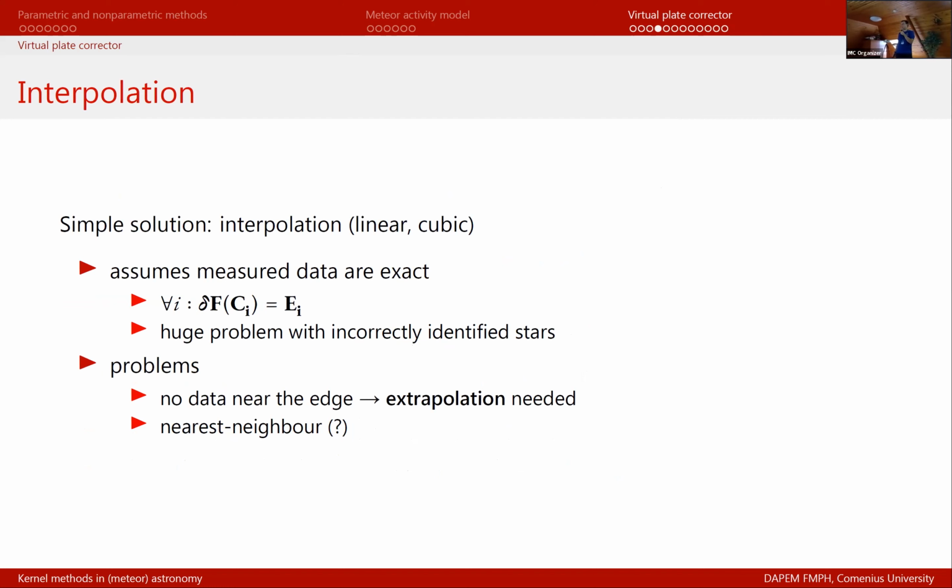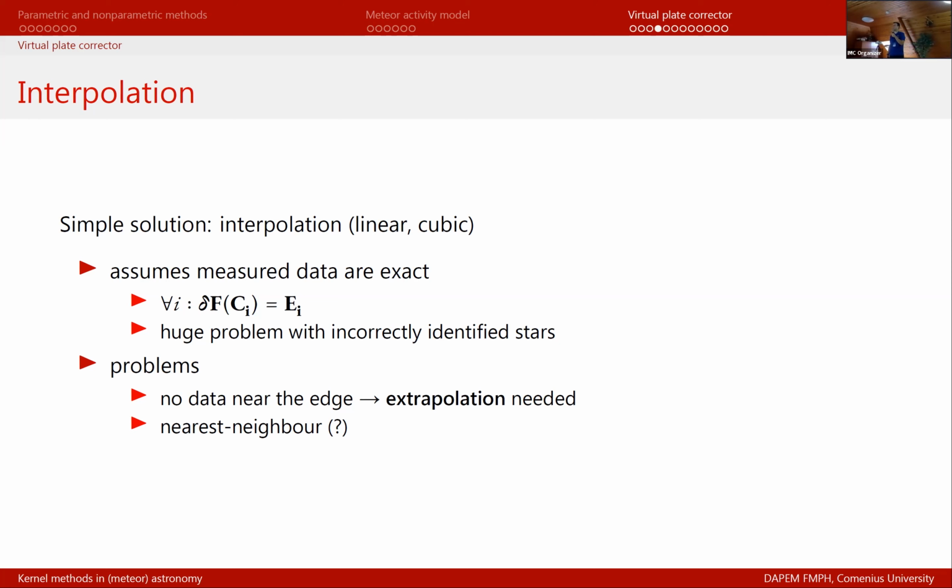So the solution to this, when I was tasked to do this, was to try to interpolate, because we want the function to be continuous over the entire domain, over the unit disk. So we assume that our measured data is exact. When we see a star, we know that this is the star and it's displaced by, I don't know, hundreds of pixels, or maybe at most 1 pixel.